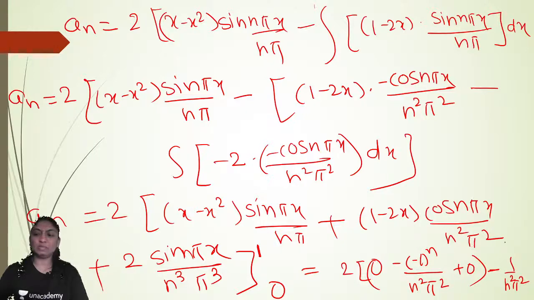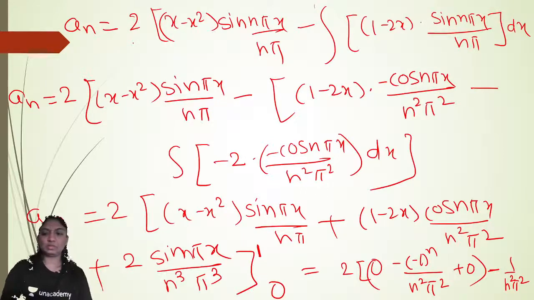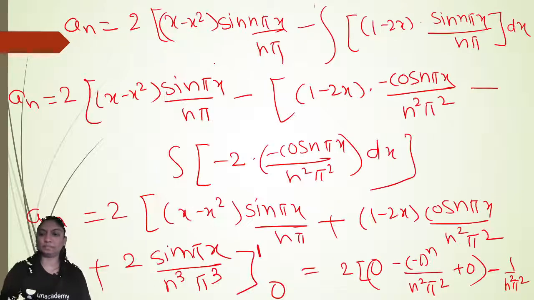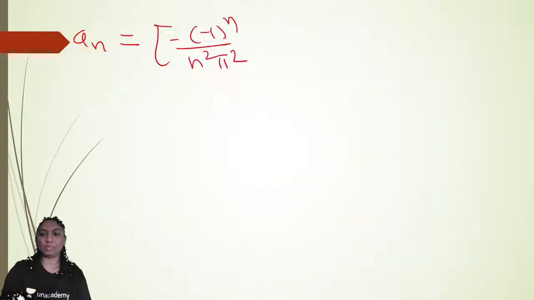So this will become 0, so ultimately you will get n is equal to 2, into bracket minus 1 upon n square pi square, minus of minus 1 raised to n upon n square pi square, minus 1 upon n square pi square, right?